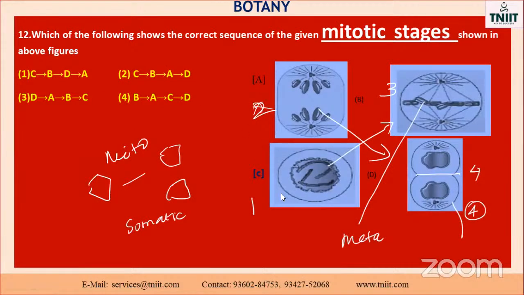C is the first one, and B is also the same. Both are the same. The third one is A or D, and this one is the last. So this is the correct answer.